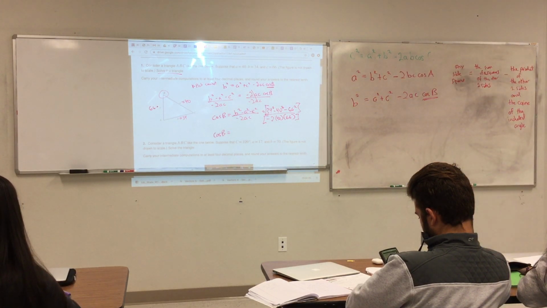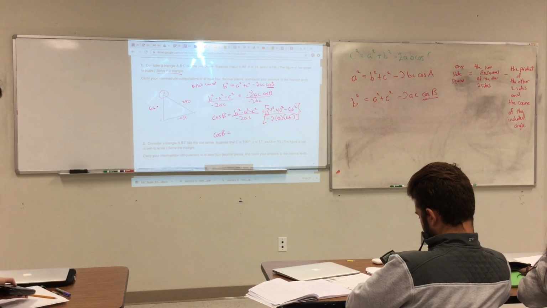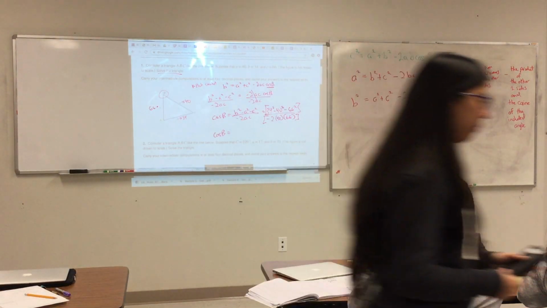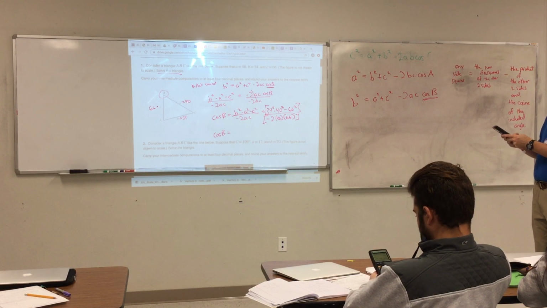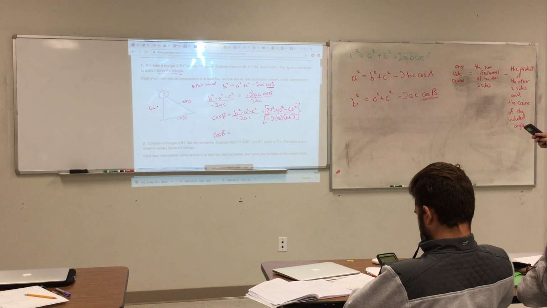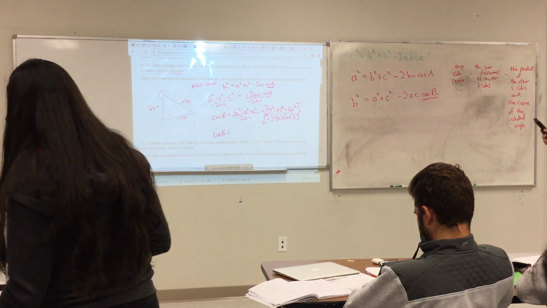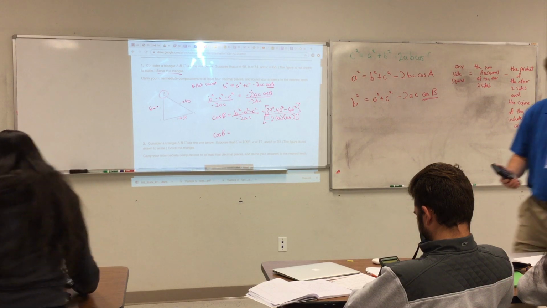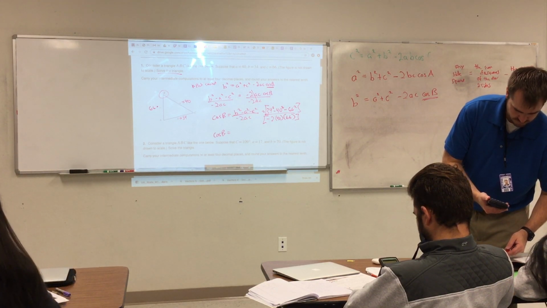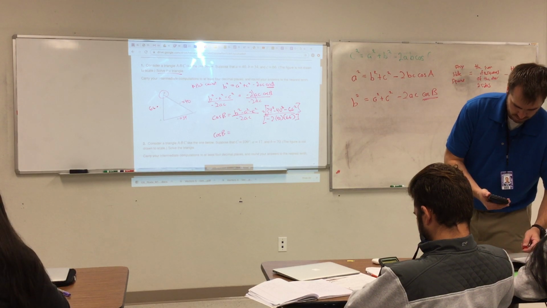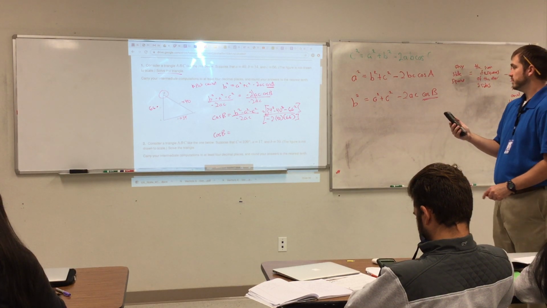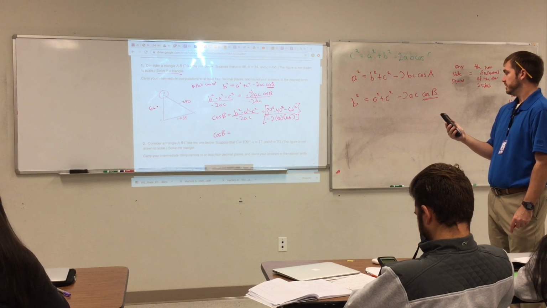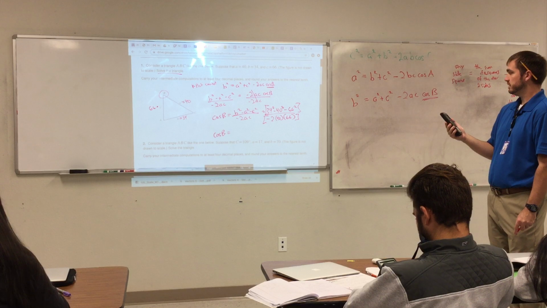I will also type it in. Alright. You got it right. 34 squared, 40 squared, 66 squared, minus 2 times 40 times 66.